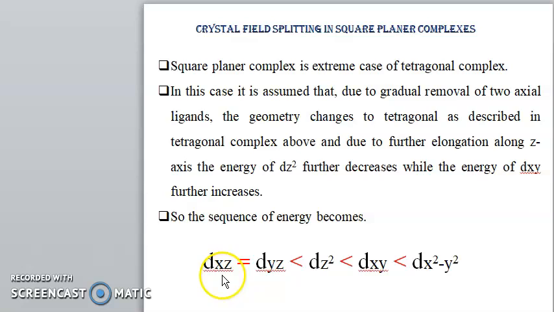So here is the sequence: dxz = dyz < dz² < dxy < dx²-y². Okay, we have to see this in the figure.